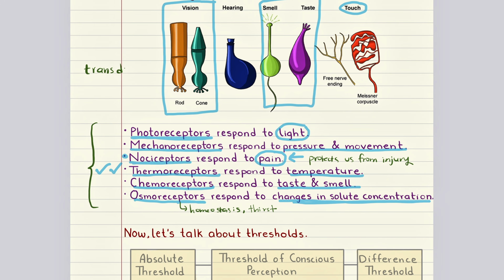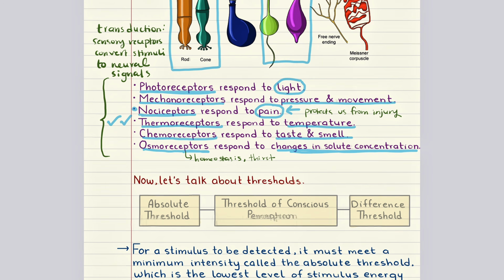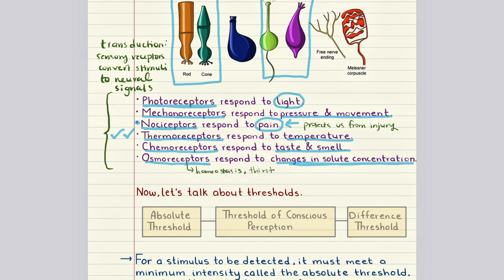Transduction is the process where sensory receptors convert information from the environment into neural signals. In other words, transduction is what allows things like light, sound, temperature, pressure, and chemical molecules to be translated into the electrical signals that neurons use to communicate. And once that conversion happens, the information can then travel through the nervous system to the brain.